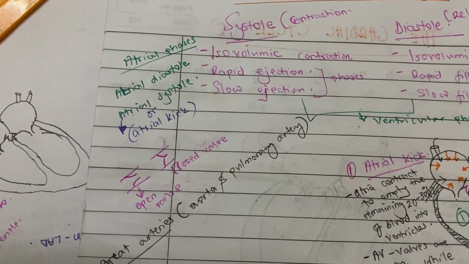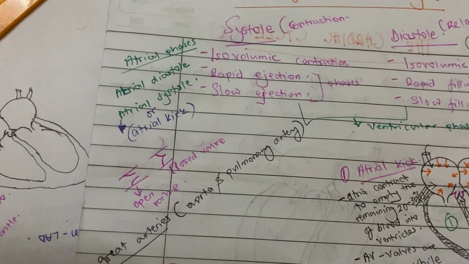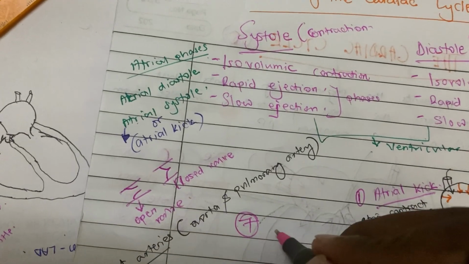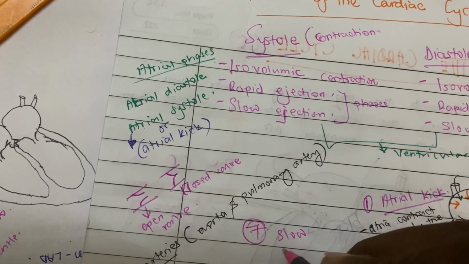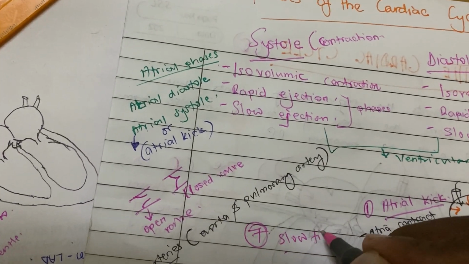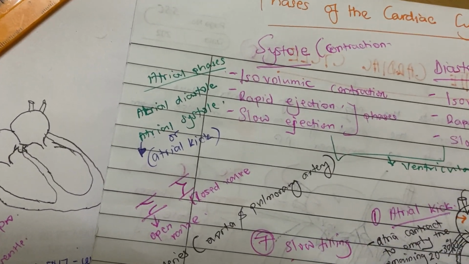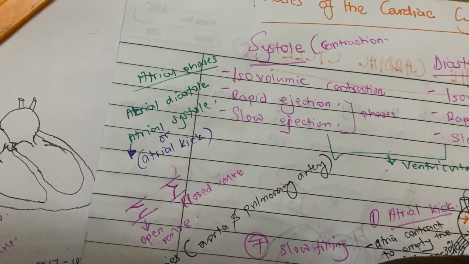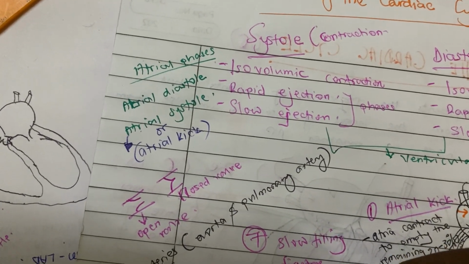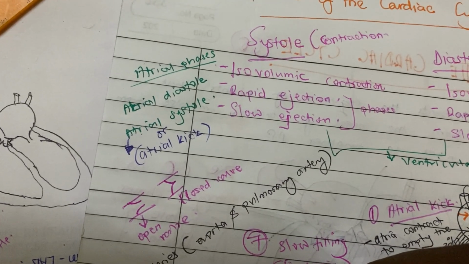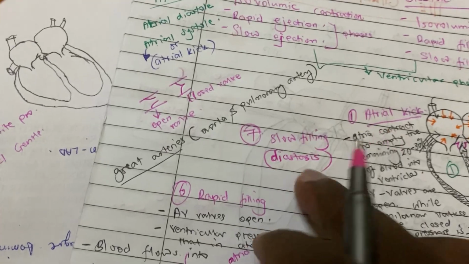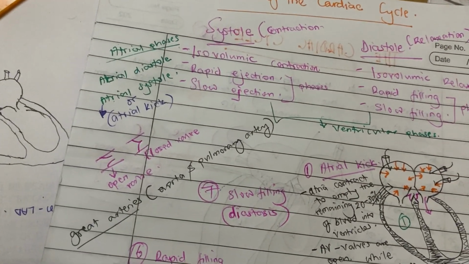Then phase 7 is slow feeding, or diastasis. This is another word for slow feeding, the diastasis phase. What happens?